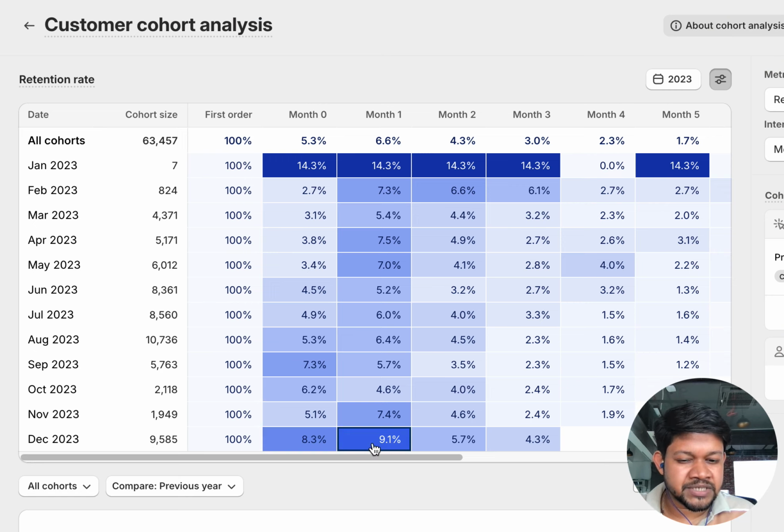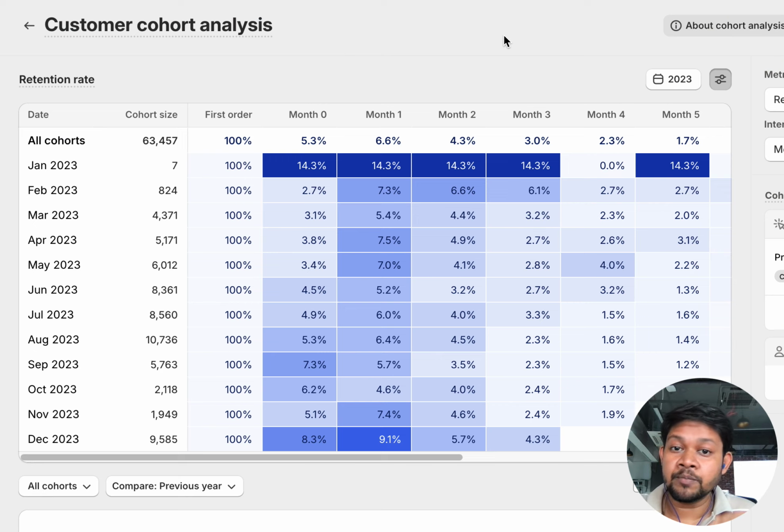This time we fixed the retention for that product. Basically, the client went back and started fixing product level issues rather than post-purchase email and WhatsApp issues.